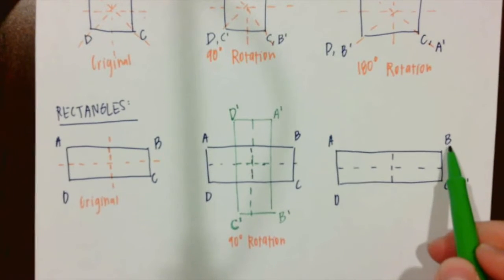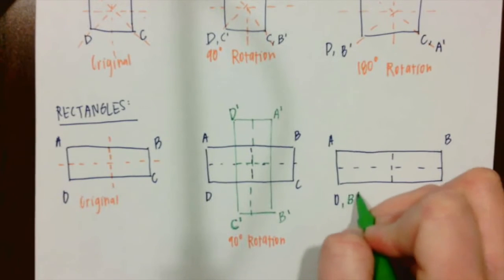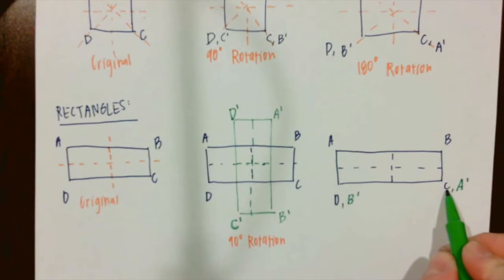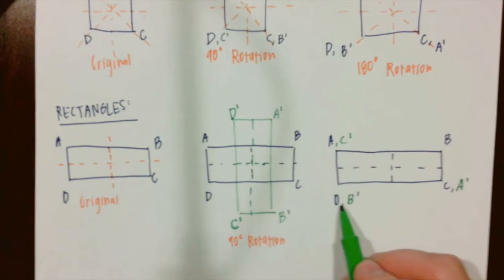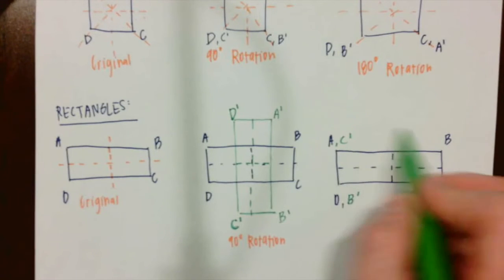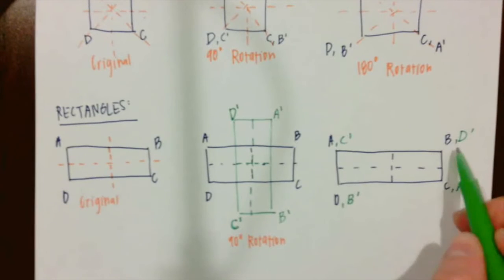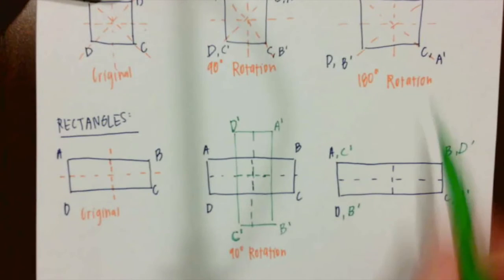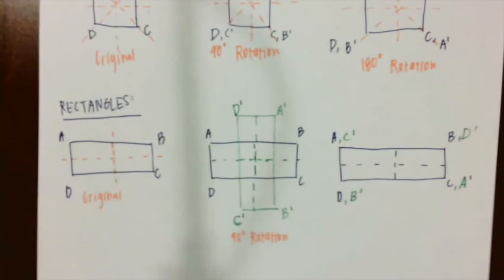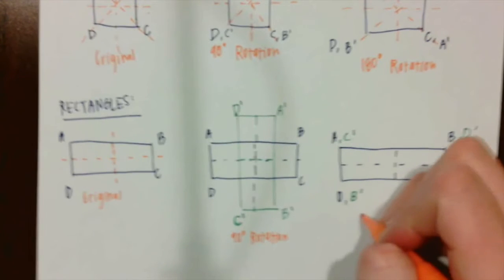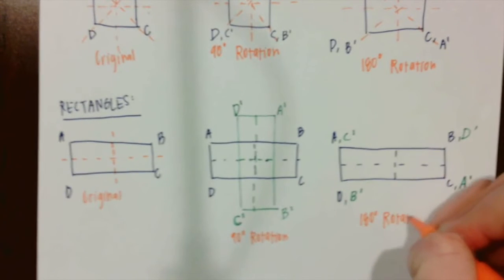B goes from the top right around 180 degrees to the bottom left. C goes from the bottom right around 180 degrees to the top left. And D goes from the bottom left 180 degrees around to the top right. So you can see we kind of did a diagonal shift, just like what happened up here with the square. That was my 180 degree rotation of a rectangle.